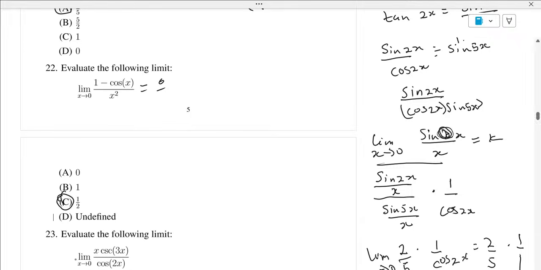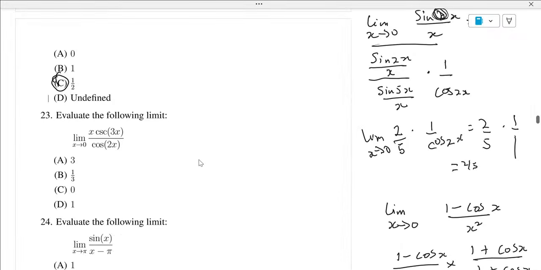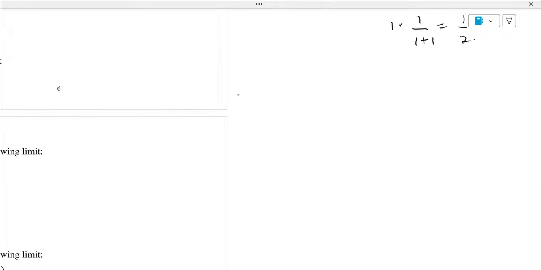Now we can rewrite everything that is given to us. Wait, so let me write it here. We are given that we evaluate the limit as x approaches 0 of x cosec 3x all over cos 2x. So we can rewrite this.